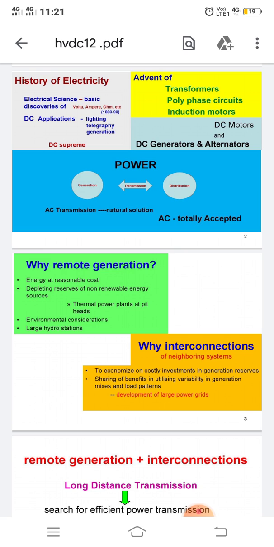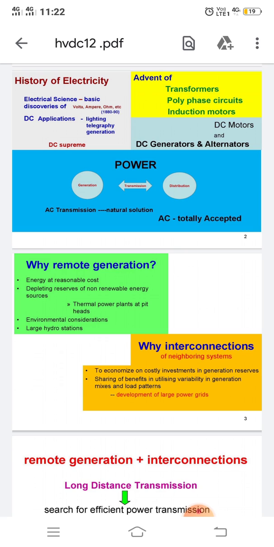However, as generation and utilization of power remain at alternating current, DC transmission requires conversion at the two ends, from AC to DC at the sending end, then back to AC at the receiving end.